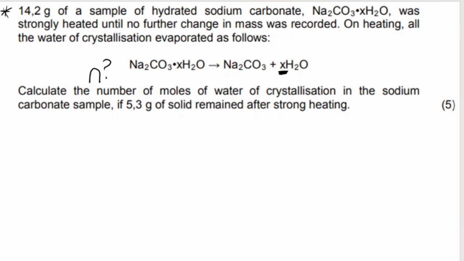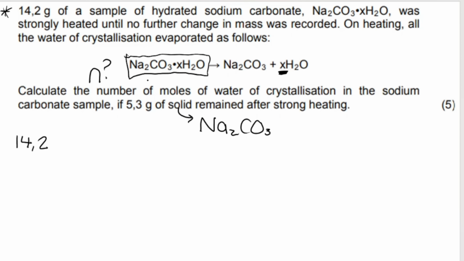In the sodium carbonate sample, if 5,3 grams of solid remained after the heating. Now remember, the solid that remains is the sodium carbonate, Na2CO3. So what we need to do first is work out the mass of the water that was lost. So we take the hydrated mass, so that's the mass that contains the water. So this contains the sodium carbonate and the water. It represents this part of the equation. That's 14,2 grams.